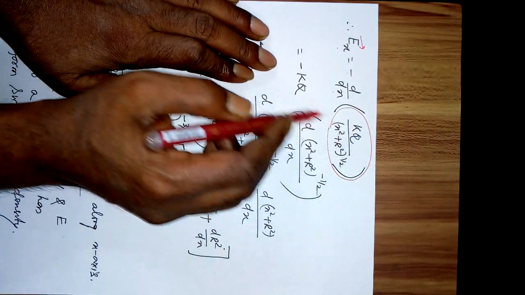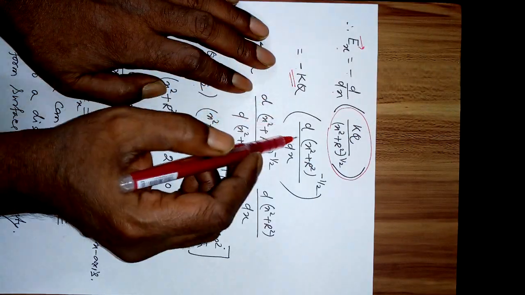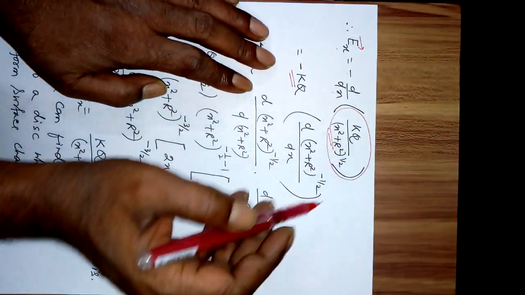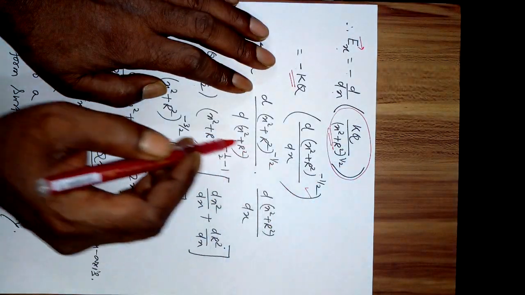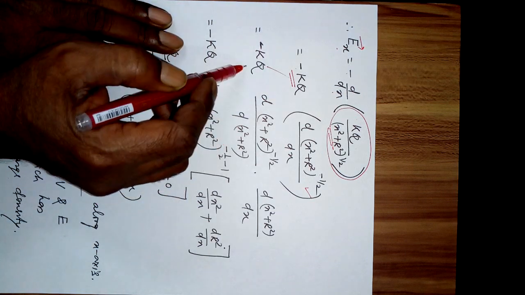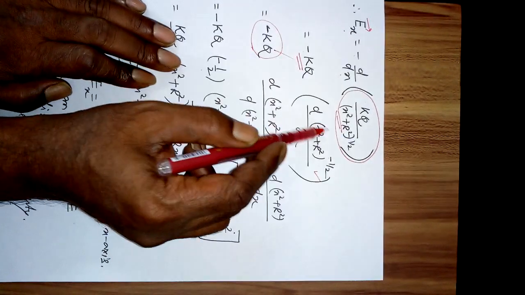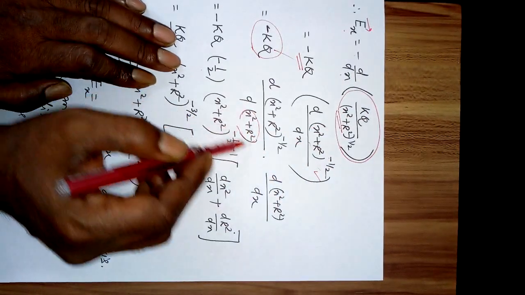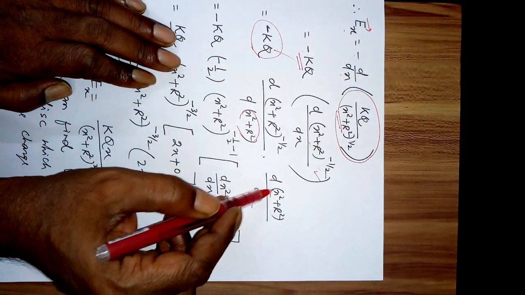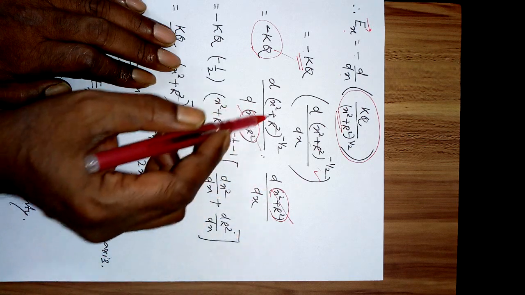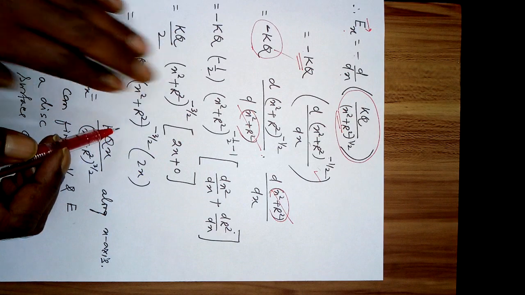K is a constant, Q is a constant, taken out. So I am left with, I take this to the numerator, so it becomes minus 1 by 2. This remains as this, the same thing as this. So the derivative of this with respect to this, multiplied by the derivative of this with respect to dx, because when you cancel it remains the same as it was before.